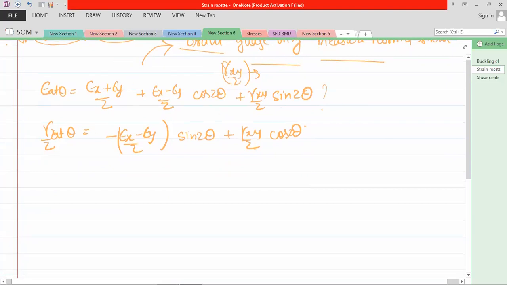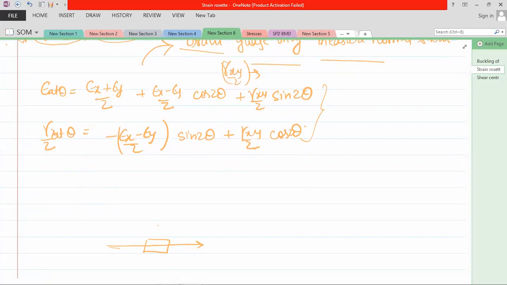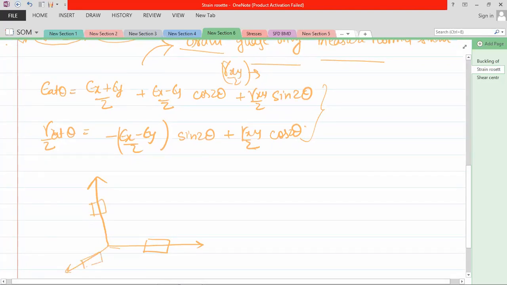So I'm not going into the derivation of how we obtained this. We are going with the application part. So suppose you are given a delta formation, or star, both are almost the same thing, we can say delta formation. So this is your body, you have a three-element strain rosette in three directions.